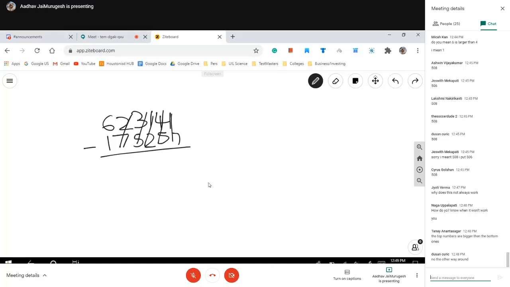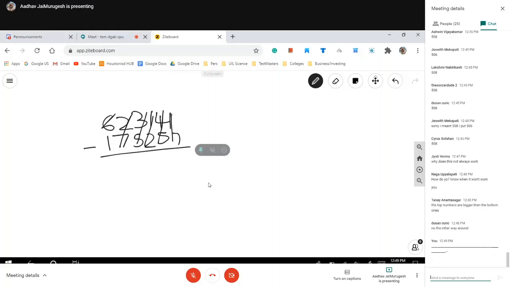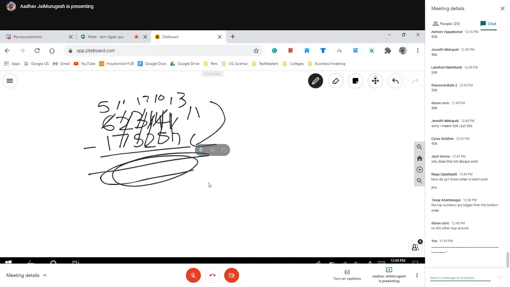So when you have problems such as this, it would be better if you did carrying over, like you would do 6, 5, you would do 11, you would do 12, you would do 10, you would do 13, then you would do 11, and that would give you the answer over here. That's the reason I told you that this doesn't always work, right?